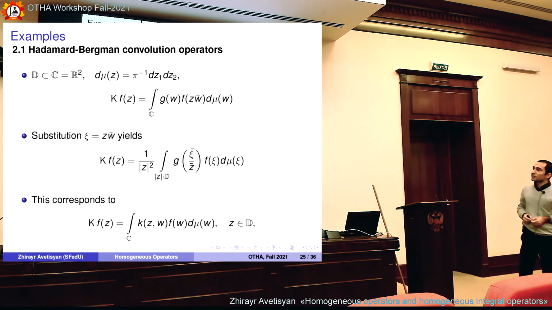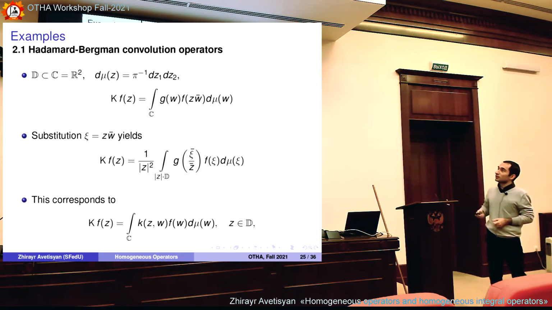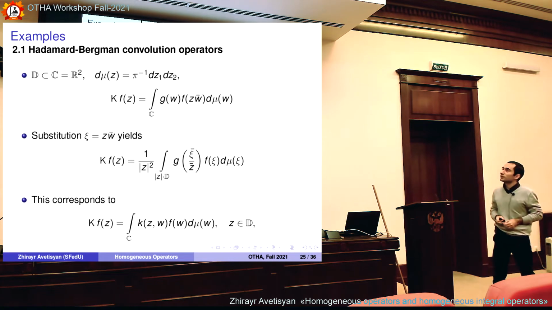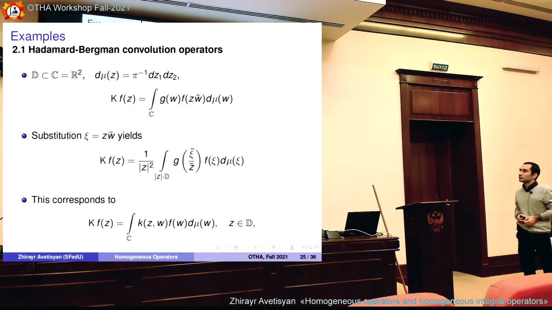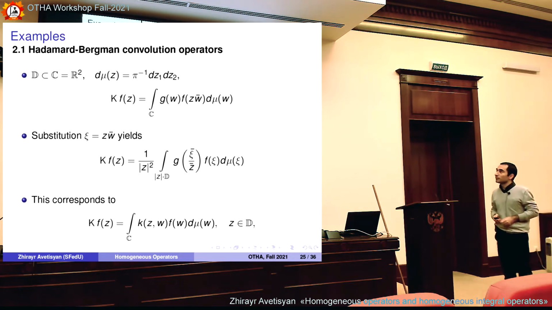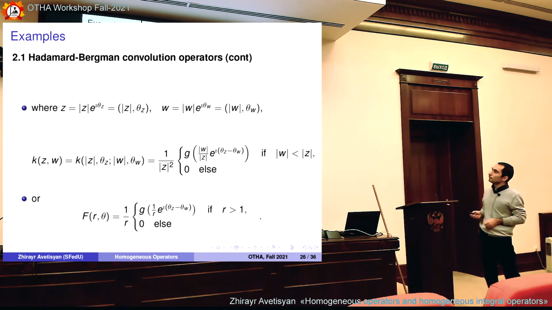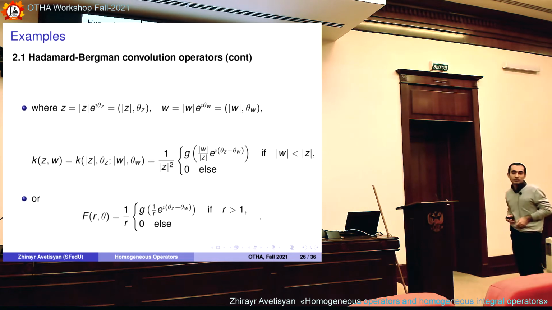Now, a particular case which Alexei also discussed in more detail yesterday, I won't stop on this transformation, is the relatively newly introduced Adama-Bergman convolution operators, which you can write as a homogeneous integral operator. Right, and in that case, the unknown function f is this one, which is related to the kernel G.